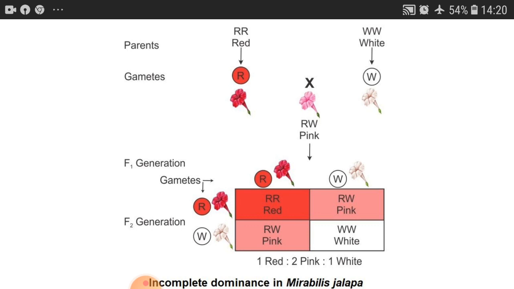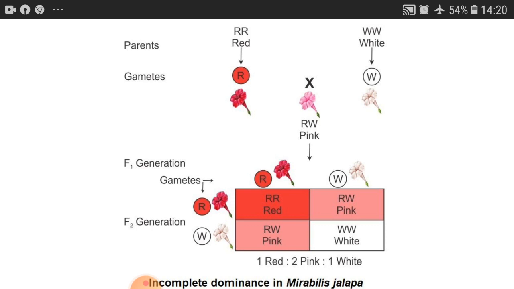So in the F2 generation, the genotypic ratio is the same as the Mendelian ratio, that is 1:2:1. 1 is RR, 2 parts are RW, whereas 1 part is WW. So 1 part is red, 1 is white and 2 are pink.